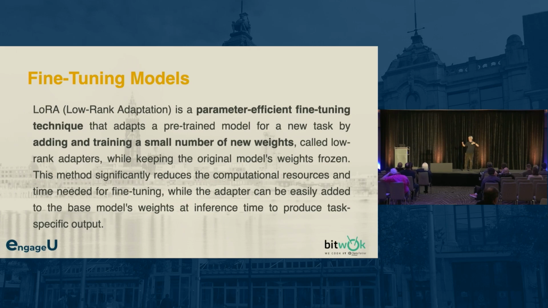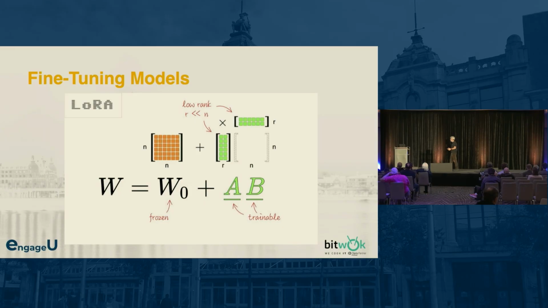Because if I have 10 billion parameters, I don't want to retune all of them. So what you do is take one trainable set, and you don't retrain all of them, you retrain only a part.